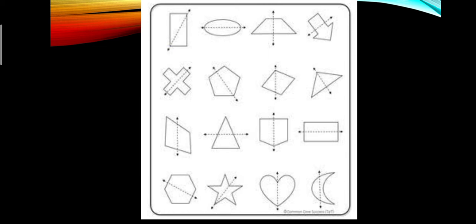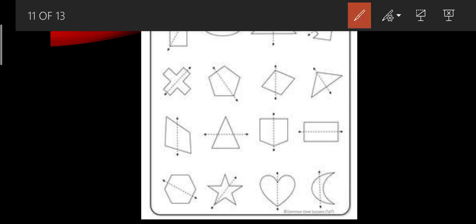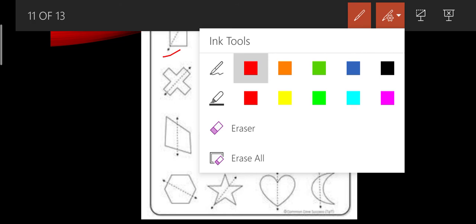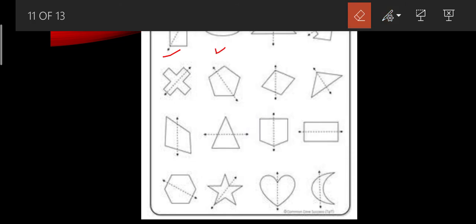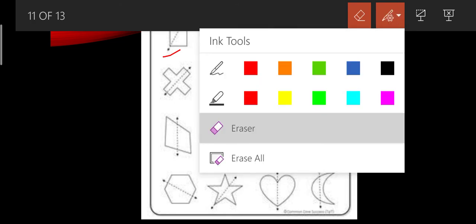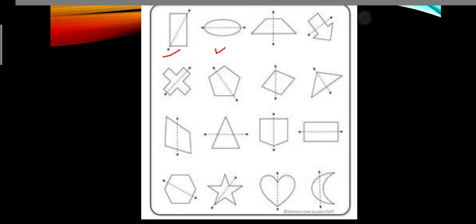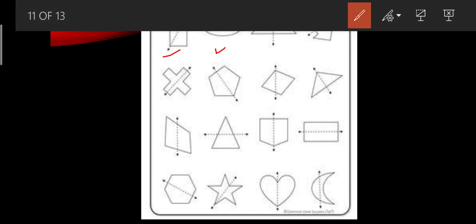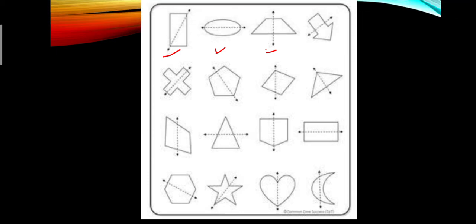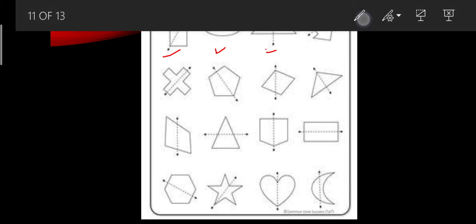So we will put a right here. Okay, this is right, this one is right. Now, which one? This one. Is it right? Yes, this is also right. Now let's see the next one. Is this right? No, this is the wrong one. This is not having the correct line of symmetry.